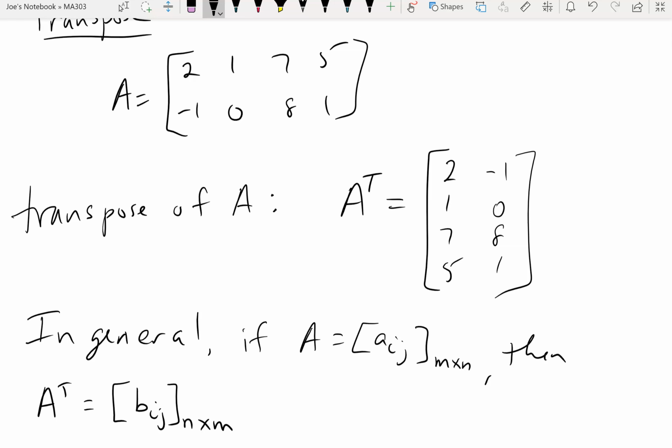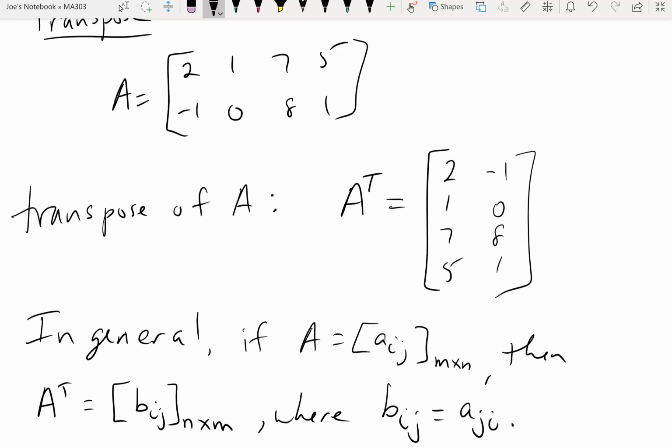So if A is M by N, A transpose is N by M, and I needed to identify how I get the entries algebraically or symbolically, whichever way you want to think about it. To get the entry for the transpose, we simply flip the subscripts for the entries in A.